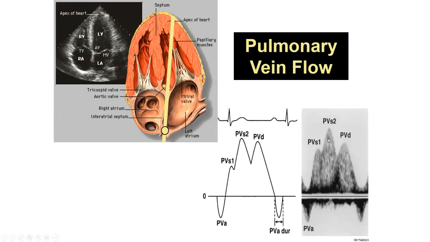The second wave is caused in part by the downward motion of the mitral annulus toward the apex, basically a plunger effect with blood coming into the left atrium through the pulmonary vein during ventricular systole. Part of this is also blood being pushed across the lungs that originated in the right ventricle. So normal pulmonary venous flow: S1, S2, and D.